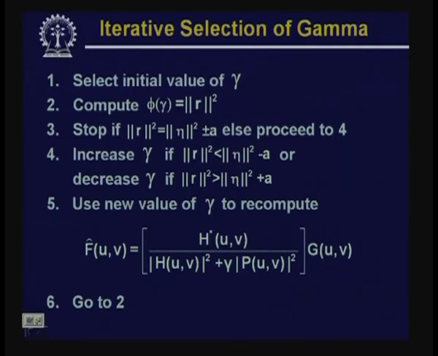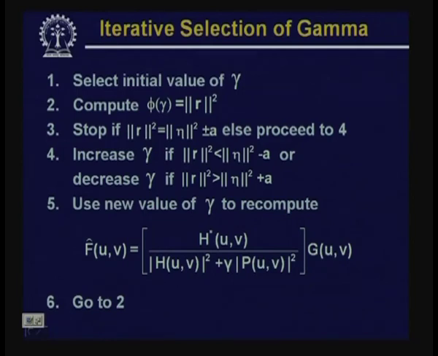If this is not the case, then you proceed to step number 4, where you increase the value of gamma if R square is less than eta square minus a, or you decrease the value of gamma if R square is greater than eta square plus a.